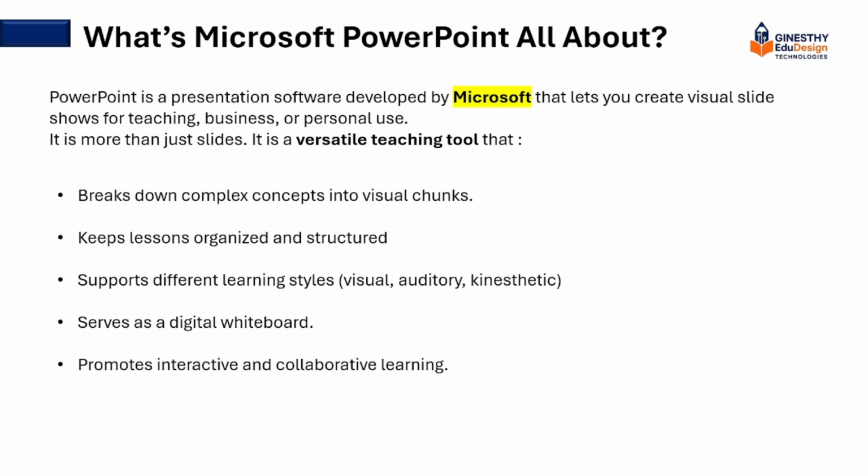Once you have one installed on your computer, it means that every other package is actually installed. Because I've heard someone say, oh, I have Microsoft Word, but I can't find PowerPoint on my computer. That's not true. Once you have Microsoft Word on your computer, you definitely have PowerPoint, you definitely have Excel. It's an all-in-one package. They come together. Once you install Microsoft Office on your computer, everything comes together.